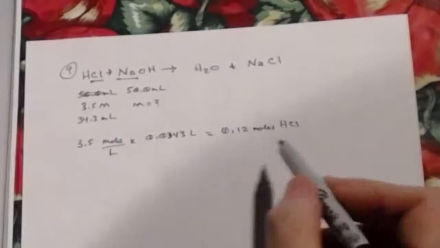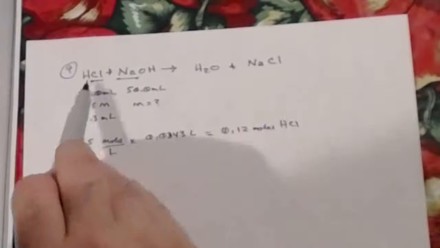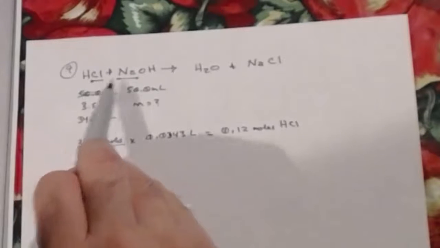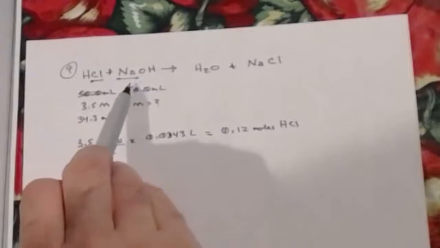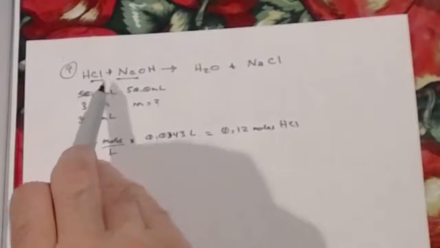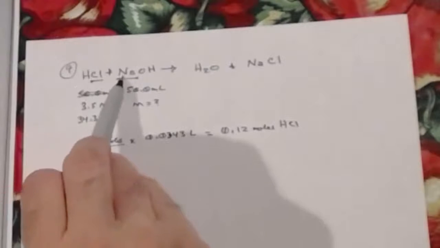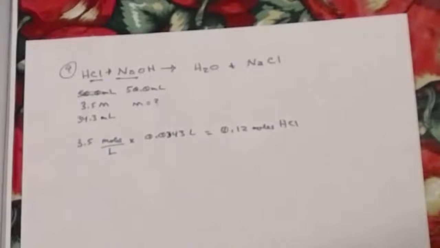And because I used 0.12 moles of hydrochloric acid, based on this balanced reaction equation, that means I must have balanced it against 0.12 moles of sodium hydroxide, because it's a 1-to-1 relationship. If I had 0.12, it must have reached the endpoint when I had 0.12 moles of my base.